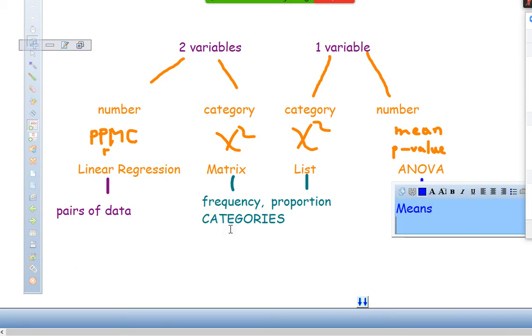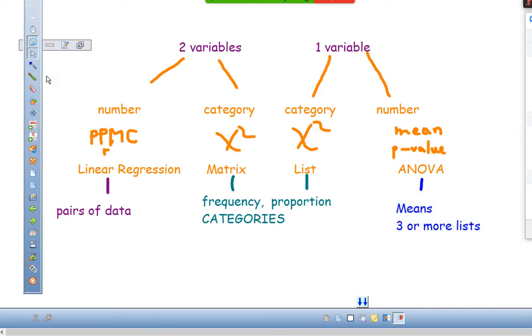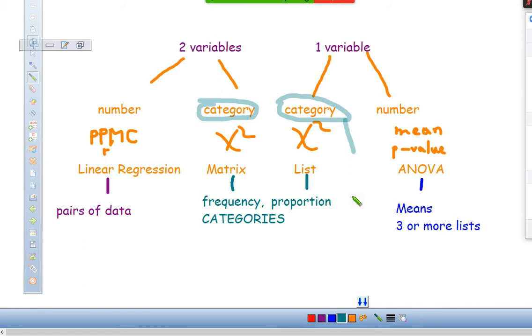And you're going to have 3 or more lists. Okay, so that's how I've sort of decided to break it down. And again, this thing comes from these categories you've got here. These are categories, right? Categories. So that's kind of how you tell them apart.